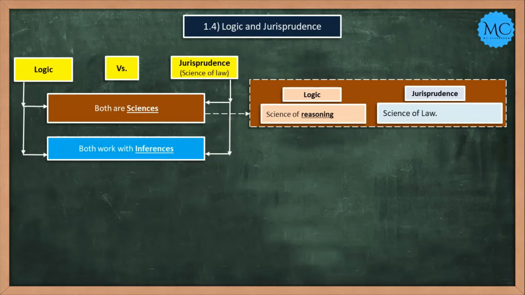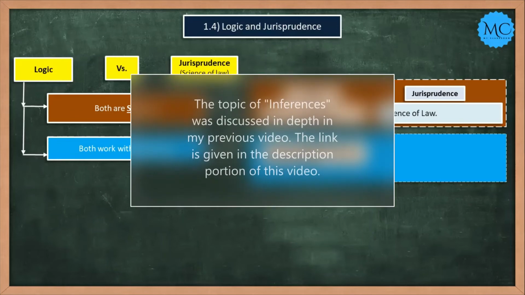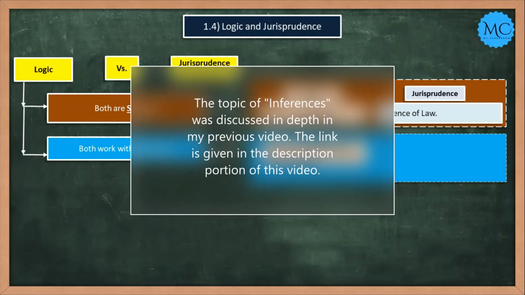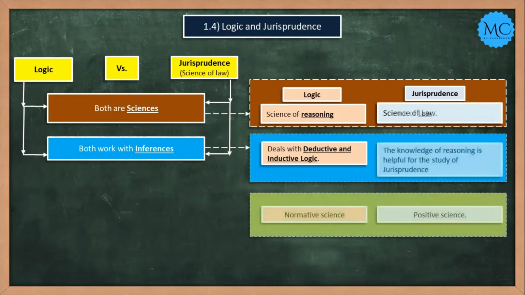We have discussed inference in my previous video, and let me tell you again what an inference is. It is divided into two categories: deduction and induction. On the other hand, the knowledge of reasoning is helpful.